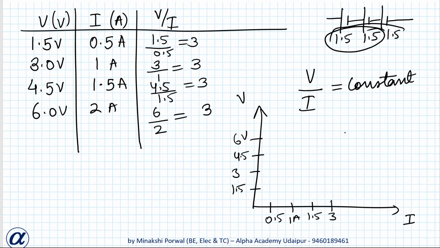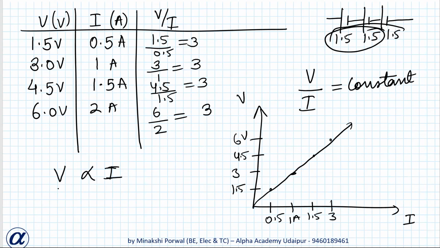So this is actually what Ohm's law says. Ohm's law says that potential difference across the ends of a given metallic wire in an electric circuit is directly proportional to current flowing through it, provided temperature remains same.